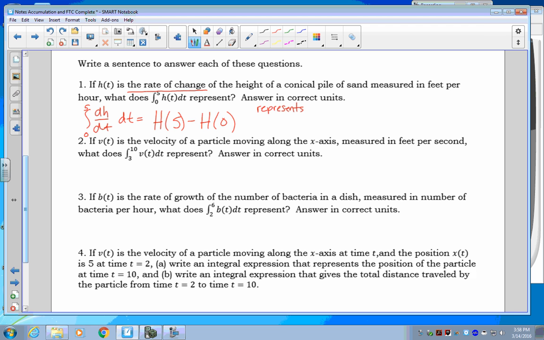So basically what it represents is the change in height, and that is measured in feet, between, and our units for time are hours, hour 0 and hour 5.